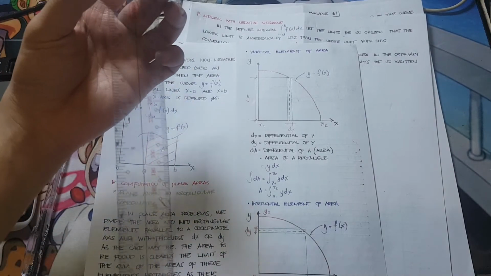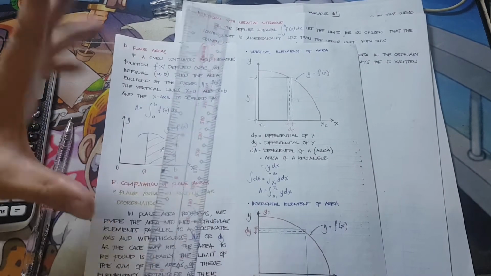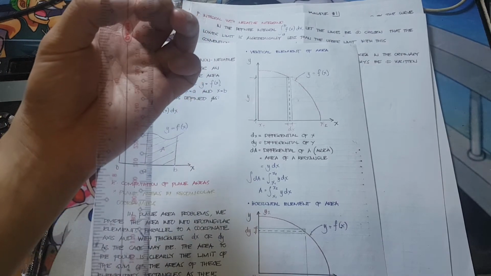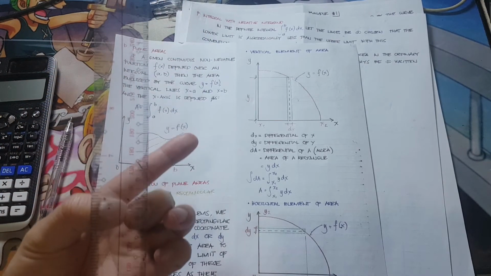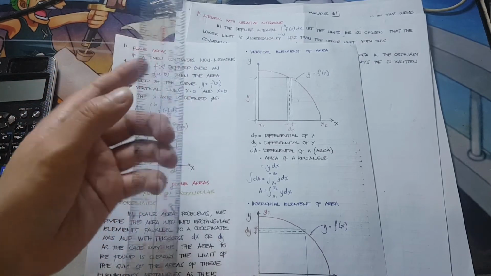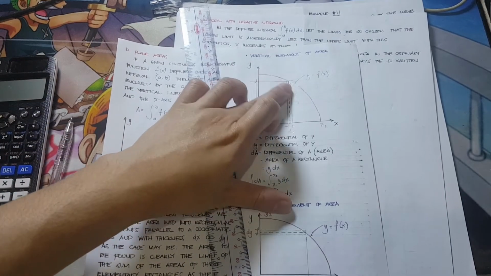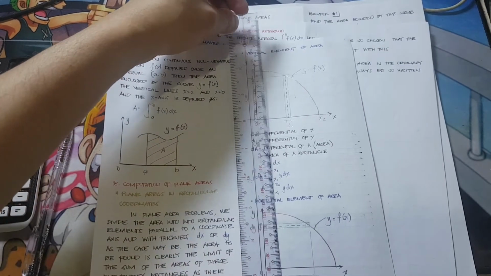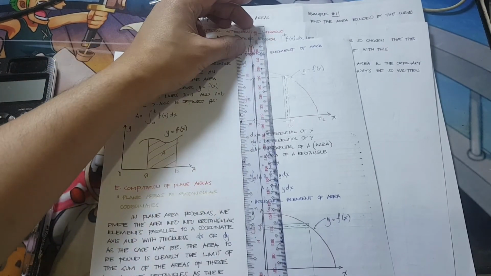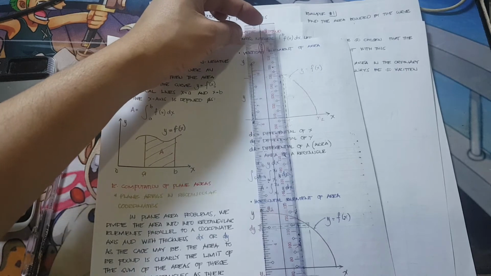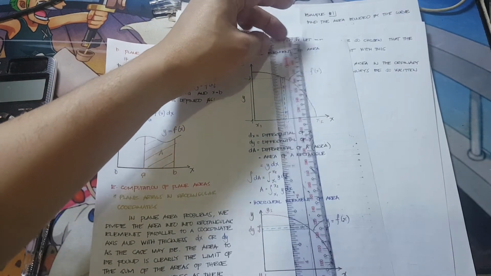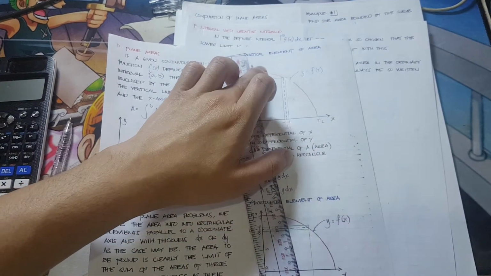It has a width of dx and it has a height of f of x. So imagine this is an infinitesimal value. It is so small that even if we place the strips little by little on the curve, we can cover all of the area under this curve.